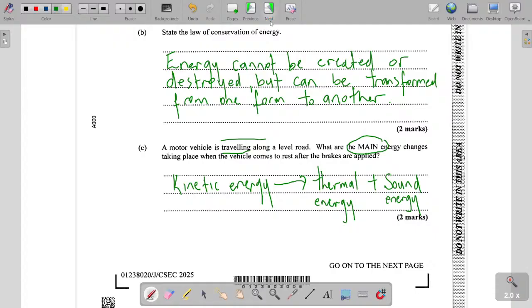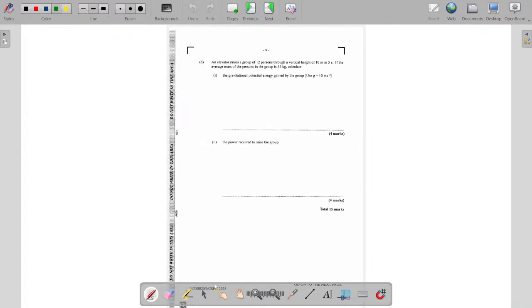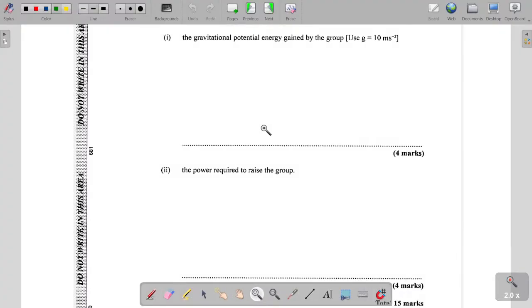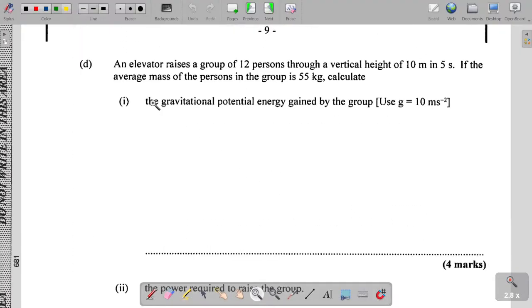Alright, moving on to the next part of our question. So it says an elevator raises a group of 12 persons to a vertical height of 10 meters in 5 seconds. If the average mass of persons in the group is 55 kilograms, then we should calculate the gravitational potential energy gained by the group. So you have to look carefully at that, by the group.